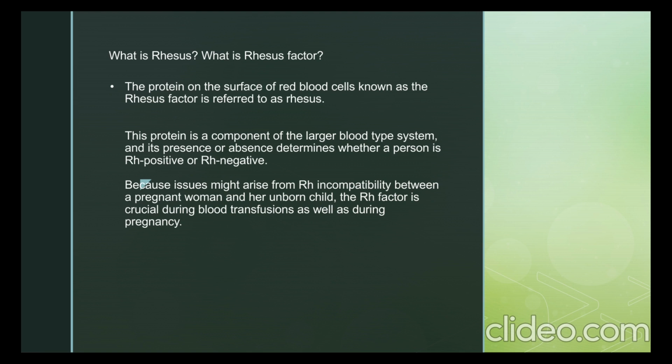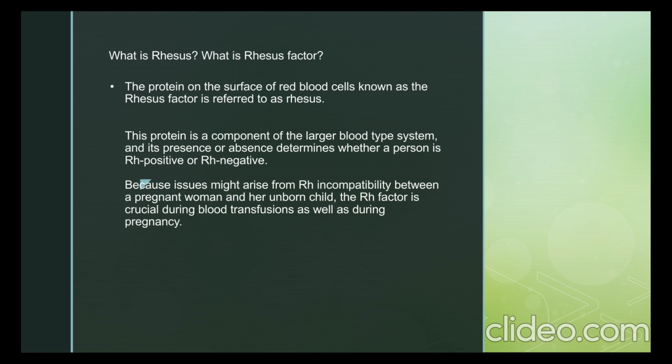In the event that we have an Rh negative mother and an Rh positive baby, this can put harm to the baby. But the first pregnancy will usually be okay because the antibodies produced will not be sufficient to harm the baby.